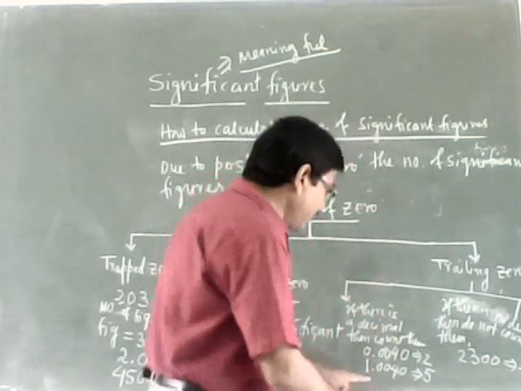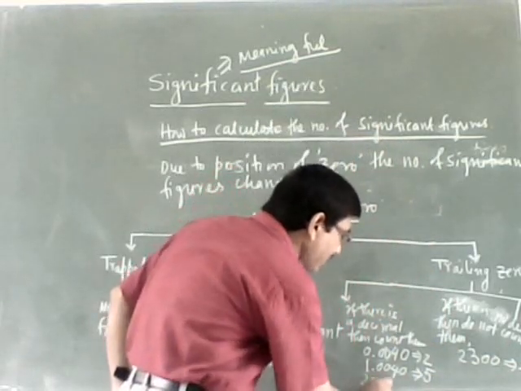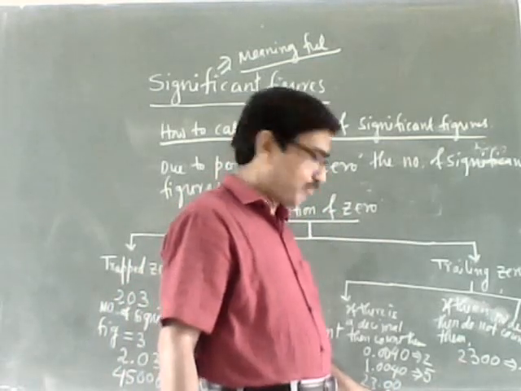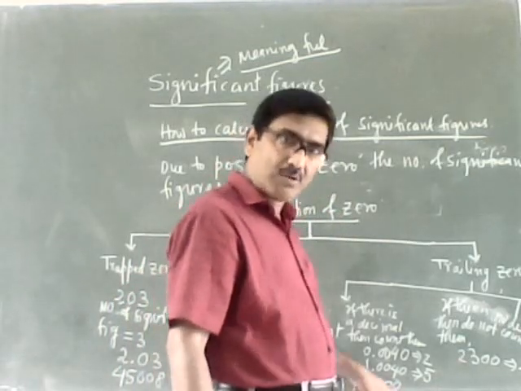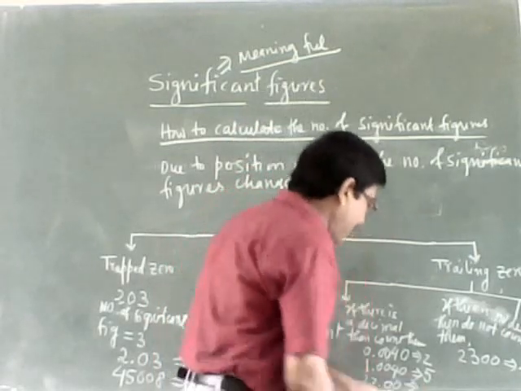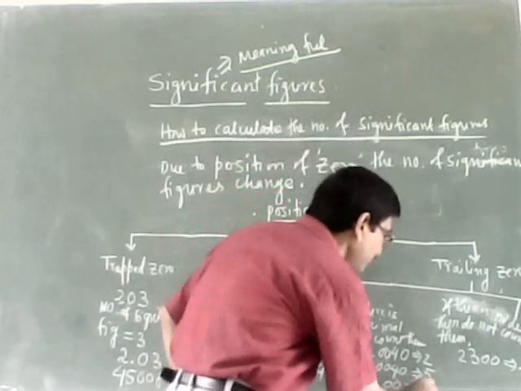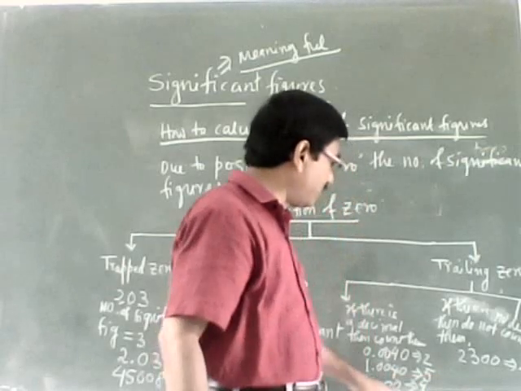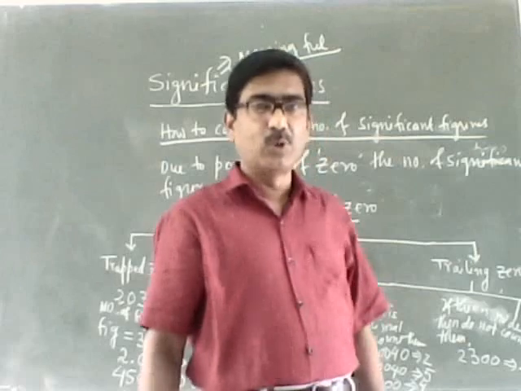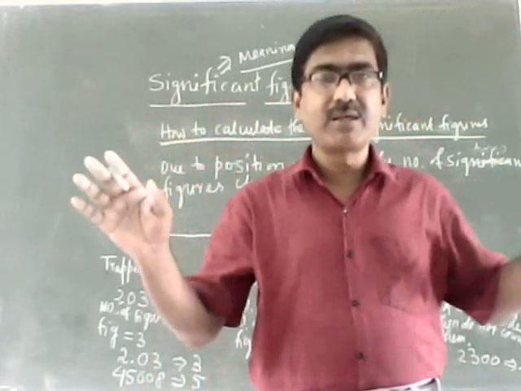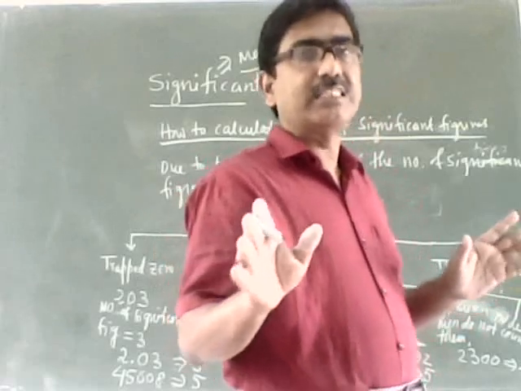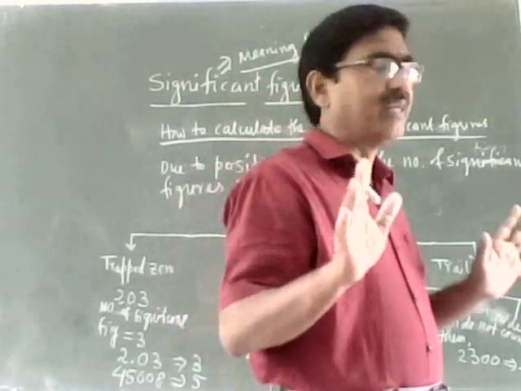But if it is here, 2.300, these zeros are trailing zeros, but with decimal. So count them as significant figure. Then what will be the number of significant figure now? Here 4. 1, 2, 3, 4. Whereas in this case the number of significant figure is 2. Is it clear? I think your concept is clear regarding significant figure.